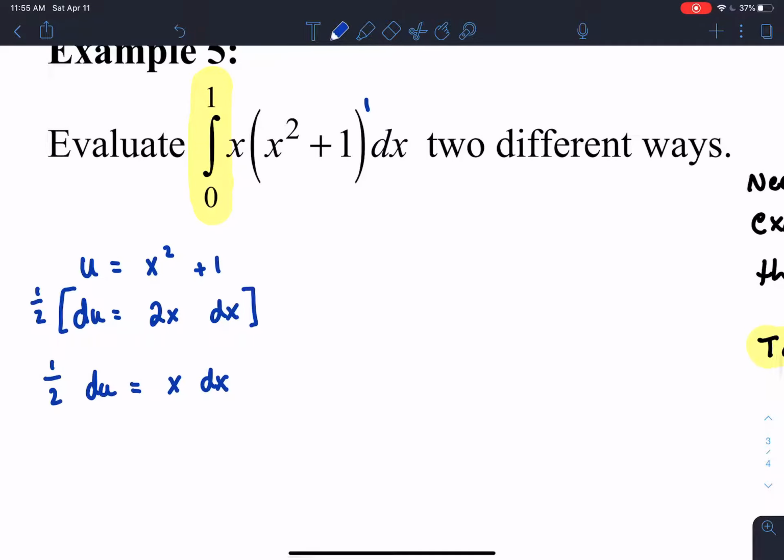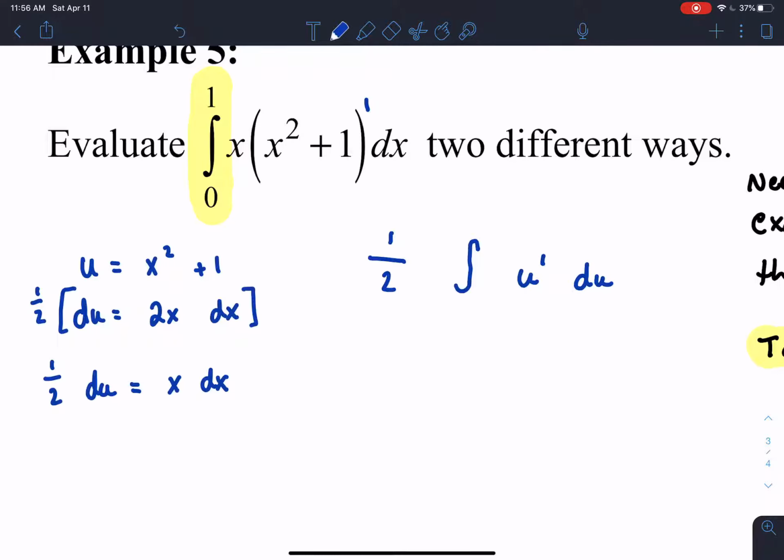Okay. Now, here's the next part that we're adding in. Right now, your limits on your integral are going from 0 to 1, and that is because the problem is in terms of x. But when I rewrite my problem, I have 1/2 out front, and then u to the first du.